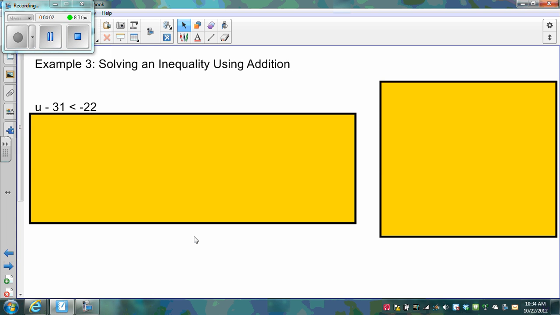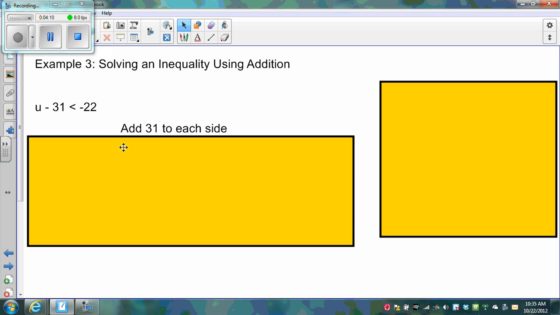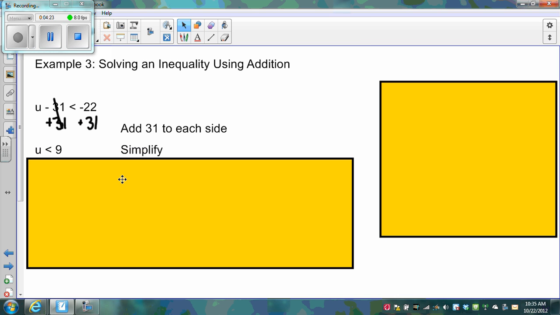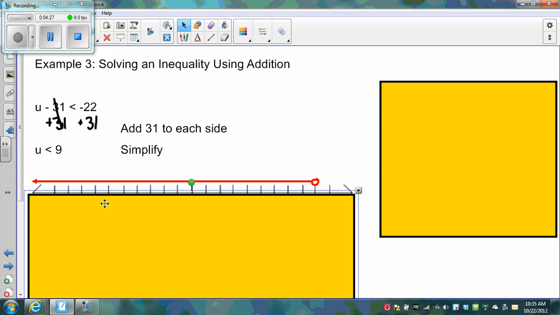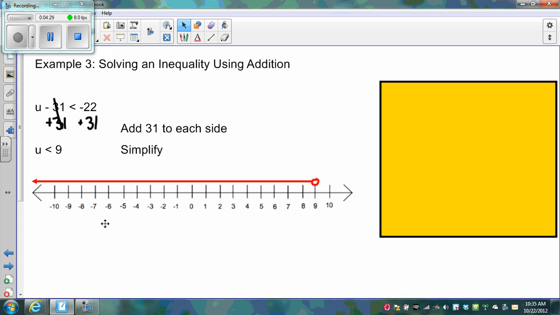So let's try a problem using addition then. If we had u minus 31 is less than negative 22, we add 31 to each side first. So these cancel out on this side, and we're left with u is less than 9. We can use this now to plot our graph.